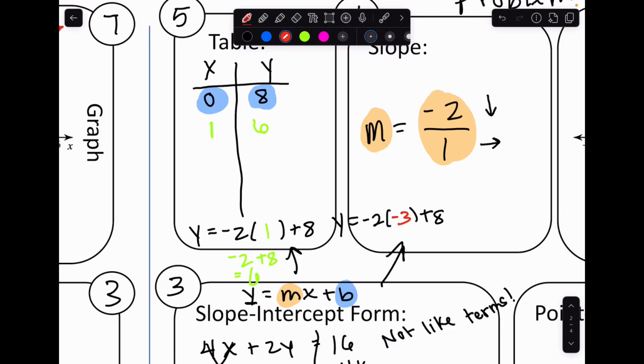So if I plug in a -3, I get y equals -2 times -3, which is +6, right? Negative times a negative is positive, plus 8. 6 plus 8 is 14. So that's going to be my y. So I plugged in -3, so that's my x. And I got out 14, so that's my y. Okay. So I filled in a couple points.